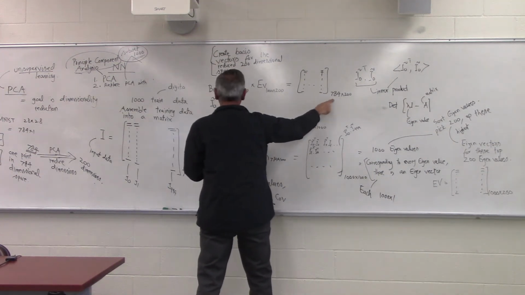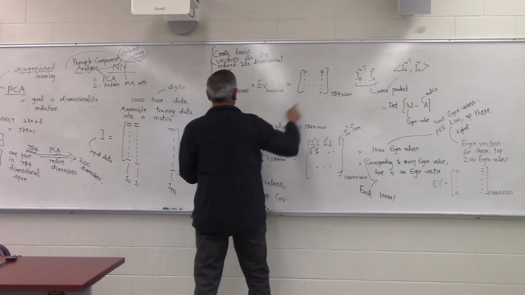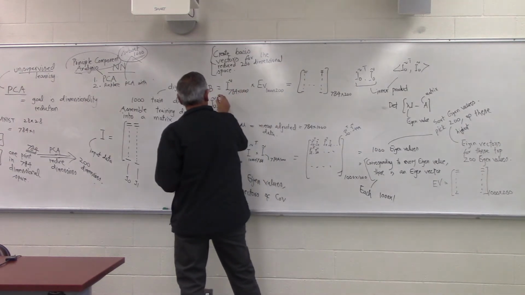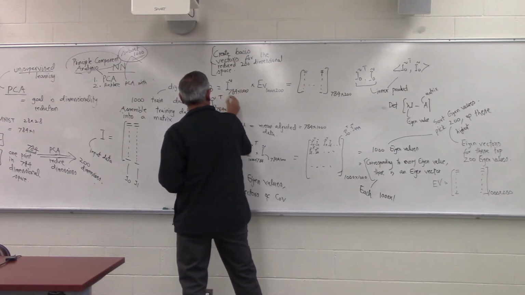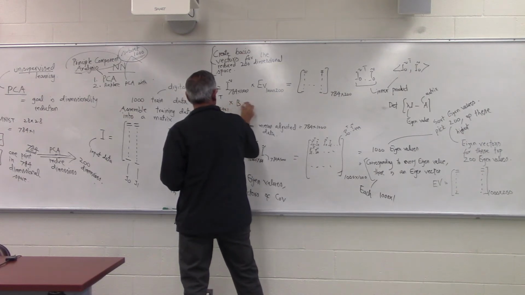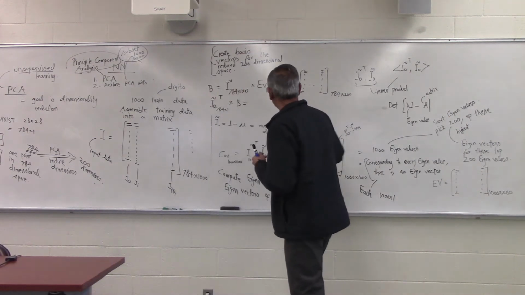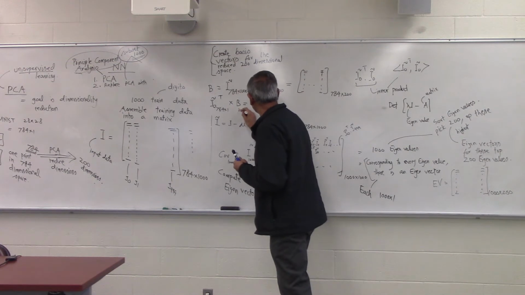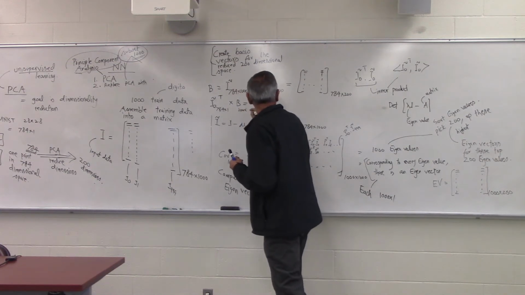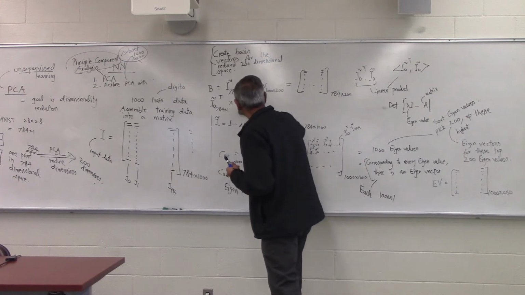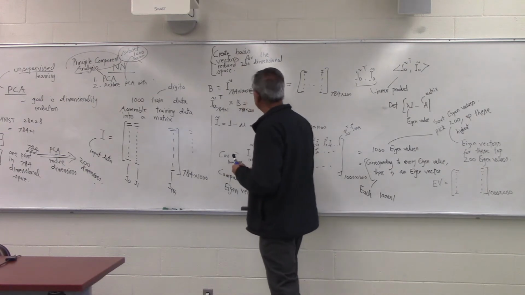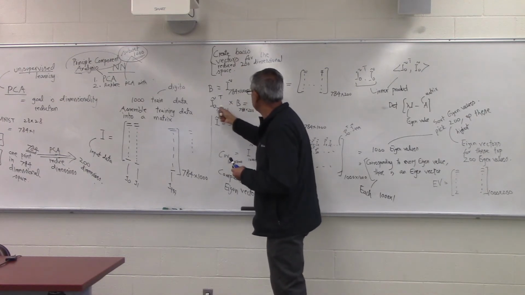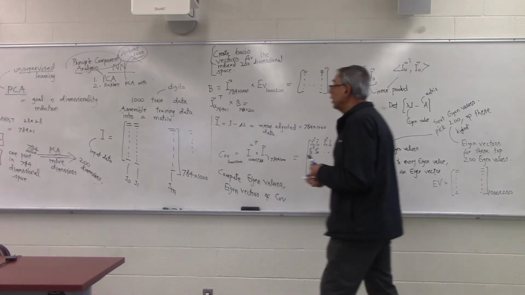The B matrix is 784 by 200. So what I will need to do is take the transpose of this, multiply it with the B matrix. I took the transpose, so this will become 1 by 784.